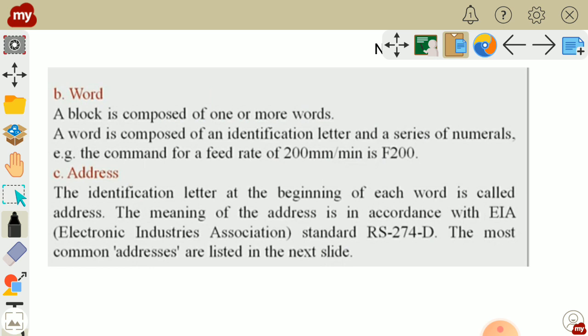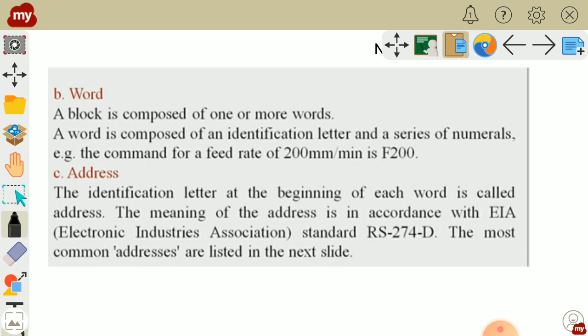Address. The identification letter at the beginning of each word is called an address. The identification letter we give at the beginning of each word is called the address. The meaning of an address is in accordance with EIA standards, Electronic Industries Association. The most common addresses are listed in the next table.